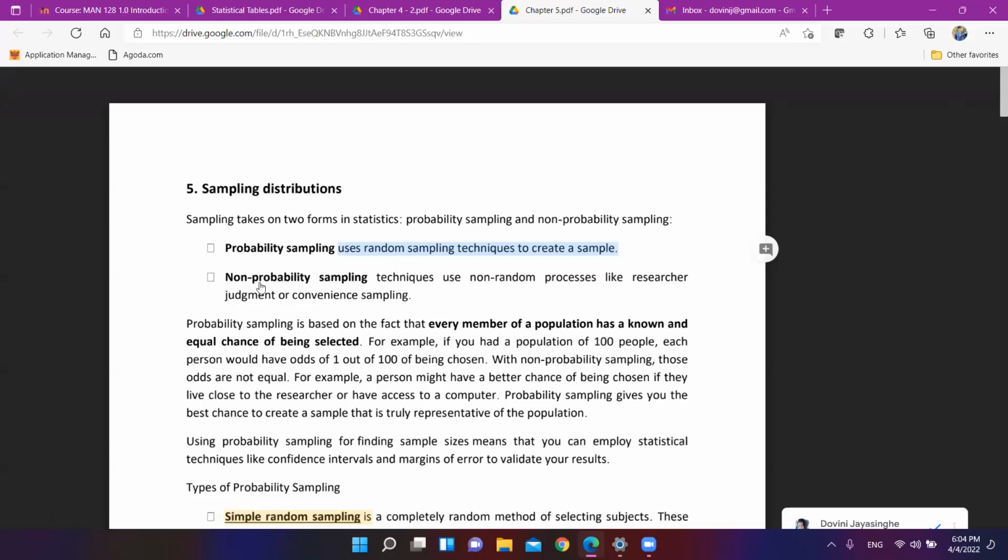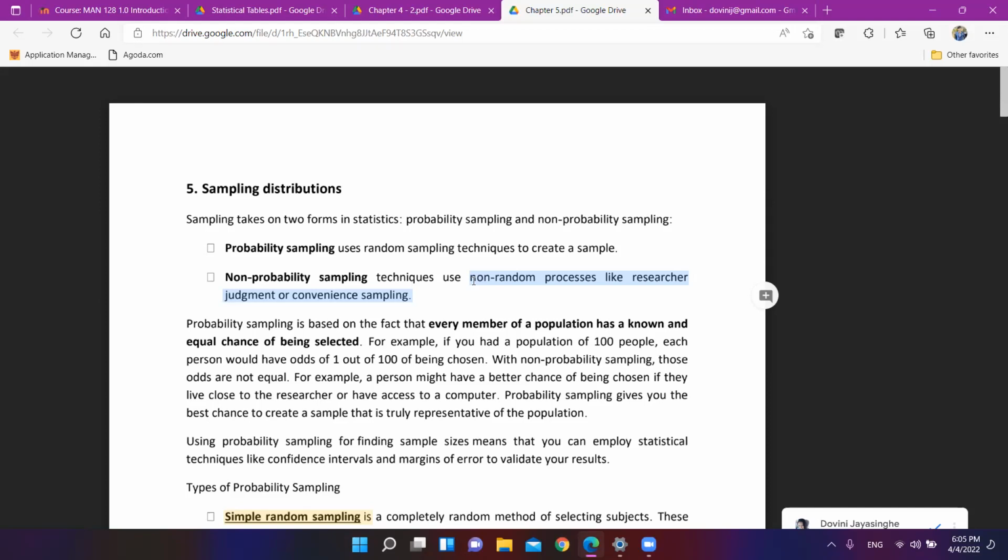Non-probability sampling is the complete opposite of this, right? Non-probability sampling techniques use a non-random process like research judgment or convenience sampling. The researcher samples the way they like, without being bound to any concept. I judge and take a sample.